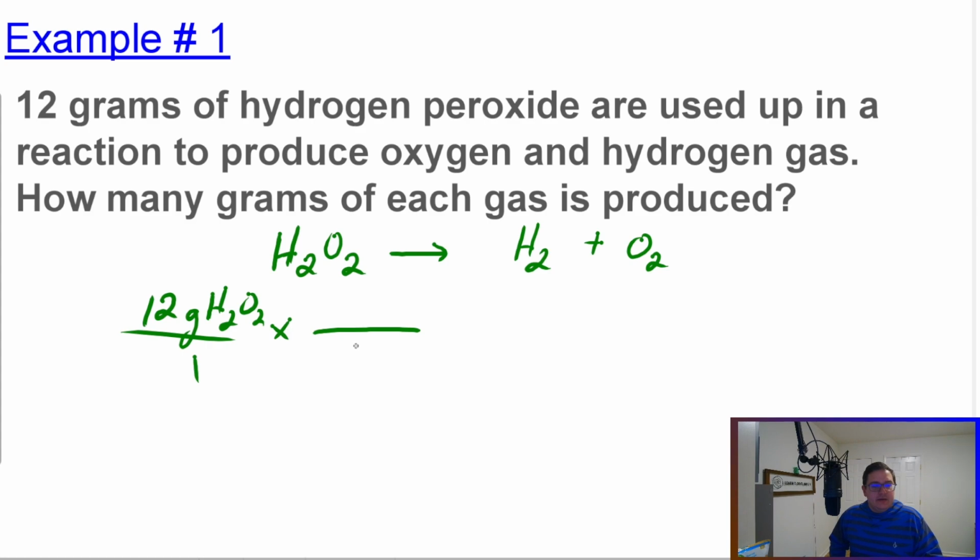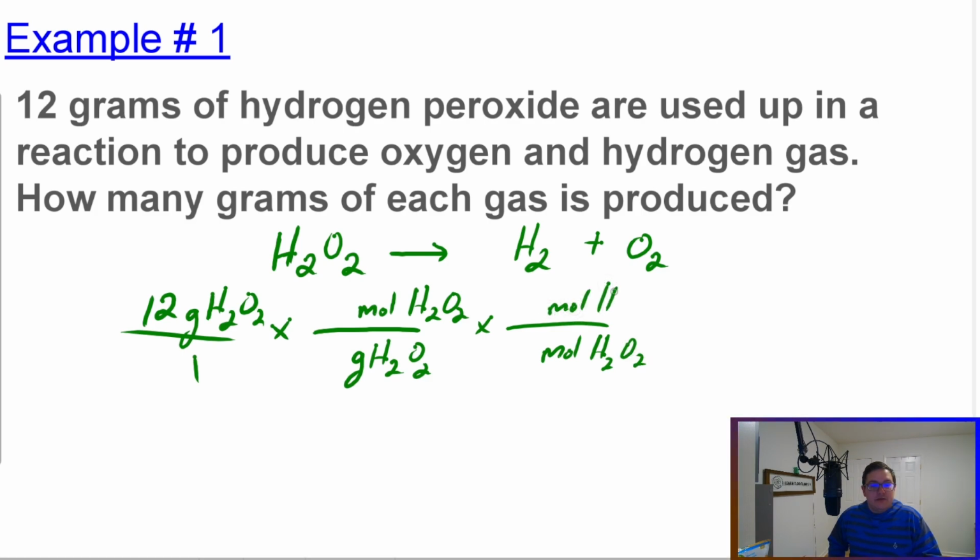Grams of hydrogen peroxide, we're going to go to moles of hydrogen peroxide, H2O2. We can convert moles of H2O2 to moles H2. And then we convert moles of H2 to grams of H2.